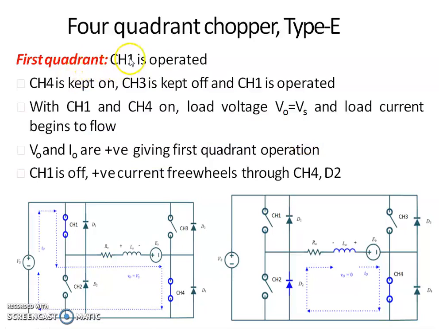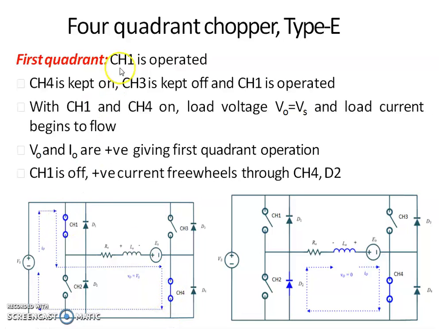That is, we will turn on CH1 and we will turn off CH1. First, let's assume that CH1 is on. The switch CH1 is on. In order to obtain positive voltage and positive current, we will turn on CH4.